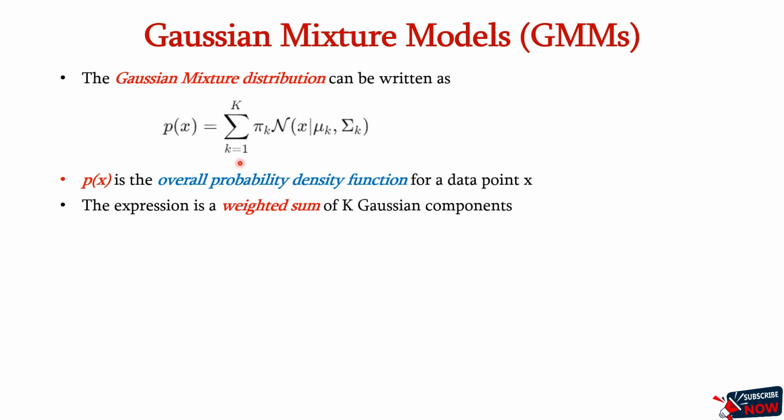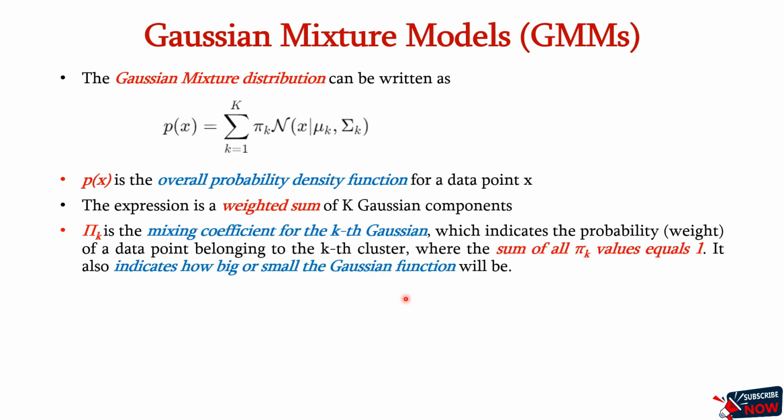The summation from k equals 1 to K represents the K Gaussian components, and pi k is the mixing coefficient for the kth Gaussian. It indicates the probability of a data point belonging to the kth cluster, and the sum of all values will be equal to 1, that is, summation of k equals 1 to K, pi k is equal to 1. That means the value of pi k ranges from 0 to 1.